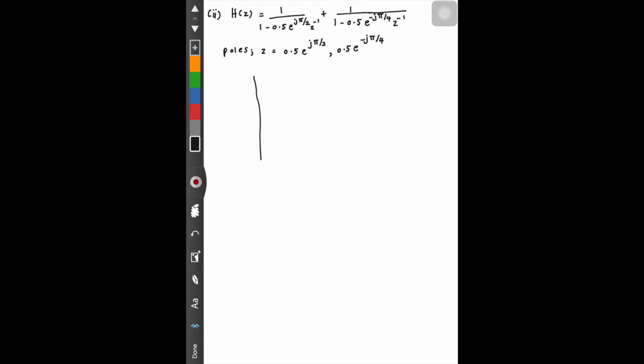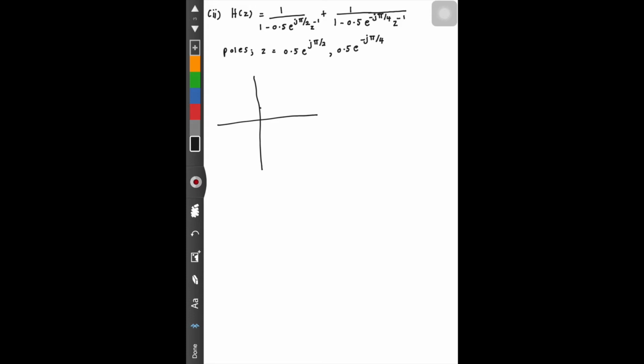Okay, next we move to question 2 part 2. In question 2 part 2, we have the transfer function and the poles are actually imaginary numbers. So from here you know that your poles are z equal to 0.5 exponent j pi over 2 and 0.5 exponent minus j pi over 4.